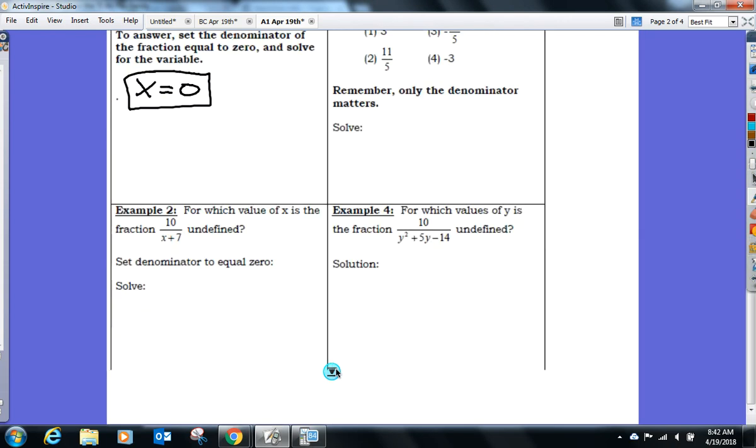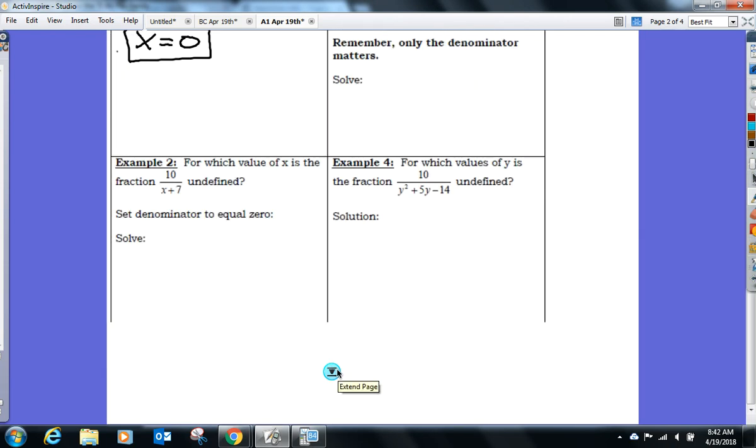And then we start getting a little bit more crazy. On example 2, I have 10 over x plus 7. What number could I plug in for x that would make it undefined? And don't say 0, because if you plug in 0, 0 plus 7 is 7. That's not undefined. I need a number where the entire denominator is going to be 0. What's up, Caitlin? -7.